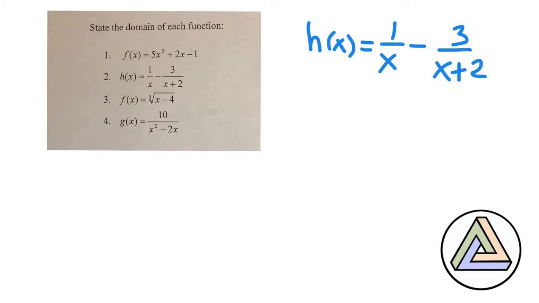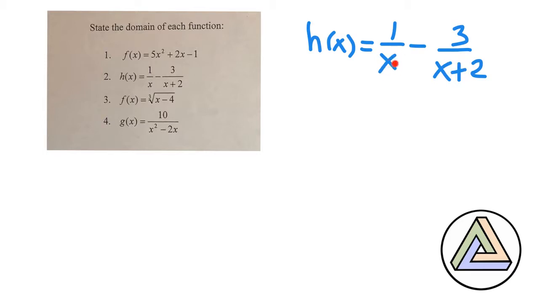And whenever there's an x in the denominator at any time, that represents a restriction on the domain, because we know that we are not allowed to have zeros in the denominator. So we need to root out the x values that would cause the denominator to be 0.